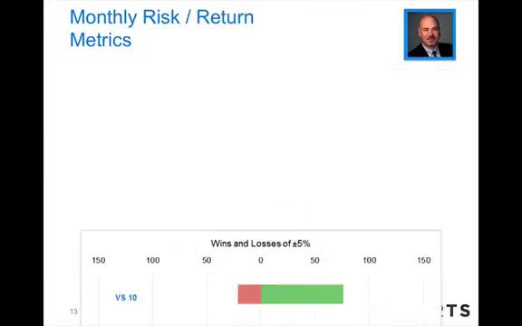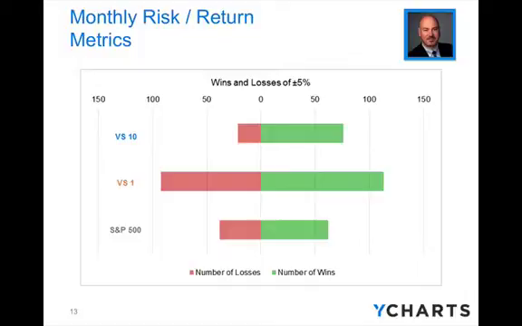Another way to look at this is by looking at big wins and losses. So here I've charted any wins of greater than 5% in a month as the green side, and then any losses of greater than 5% per month on the red side.